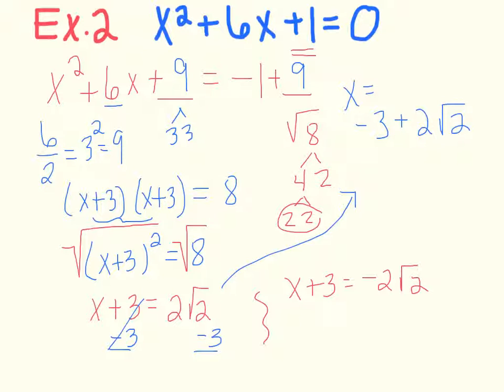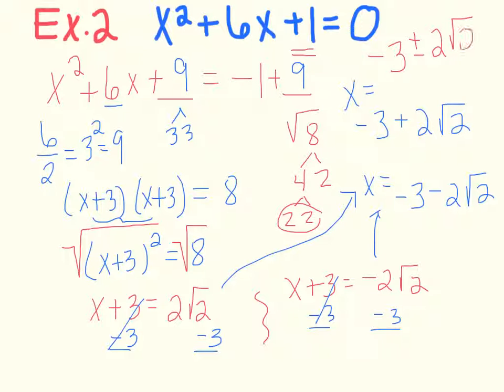And for this one, we're going to be left with subtracting 3, so we're going to be left with x equals negative 3 minus 2 radical 2. We can leave the answers separate like this, or we can write them together. And if you write them together, it will say negative 3 plus and minus 2 radical 2.